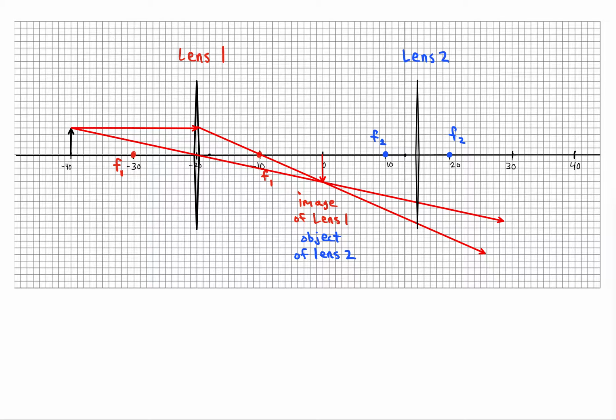So now we want to send rays away from the image toward our second lens. You just basically do the process all over again. So if this was our object, we would send a parallel ray toward lens 2. That would be one important ray.